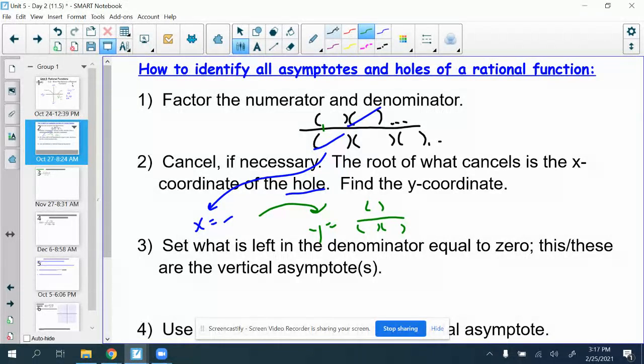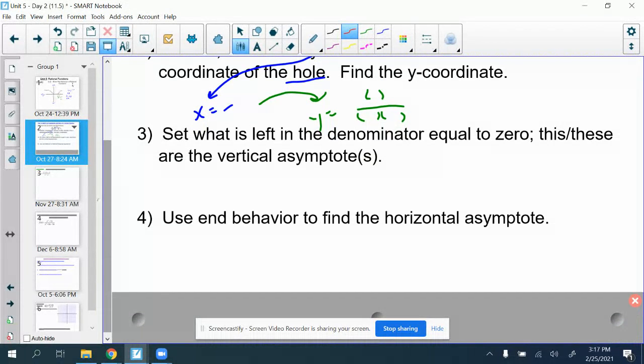If I can't factor it and cancel anything out, then I'm just going to set the denominator equal to 0. Whatever's in the top, we set the bottom equal to 0, and that gives me my vertical asymptote if there are any x values that make that happen.